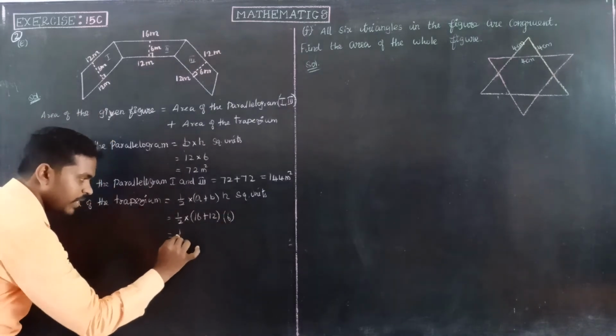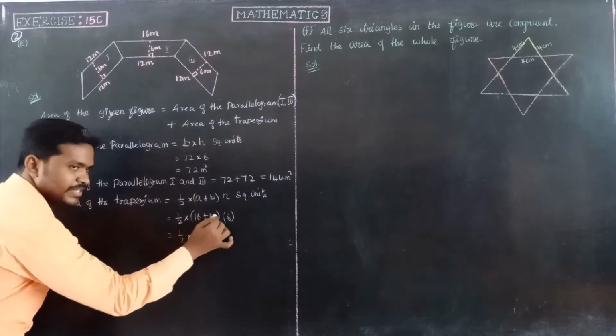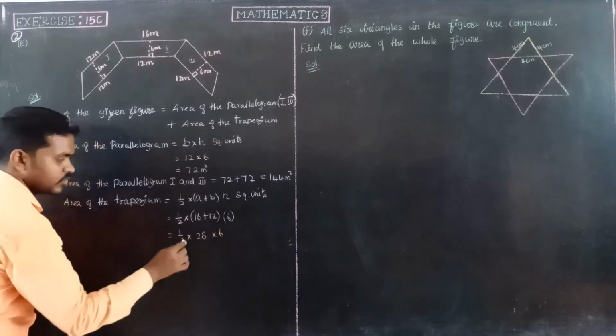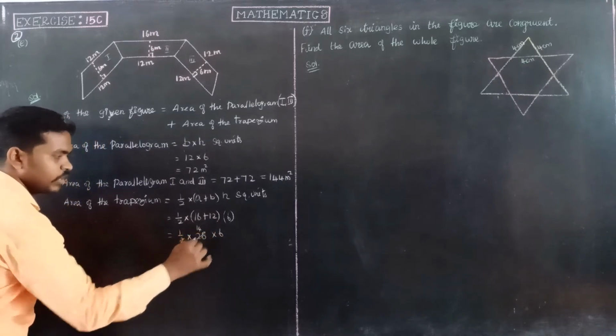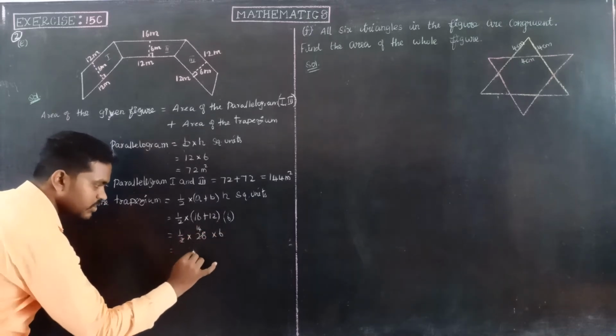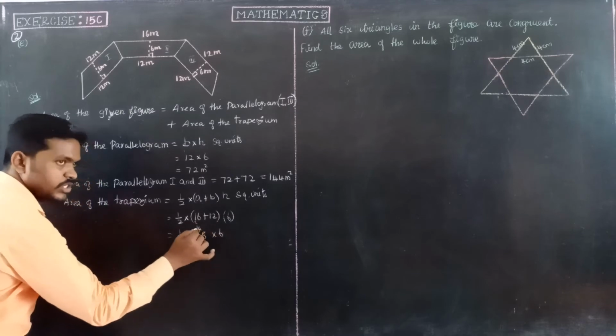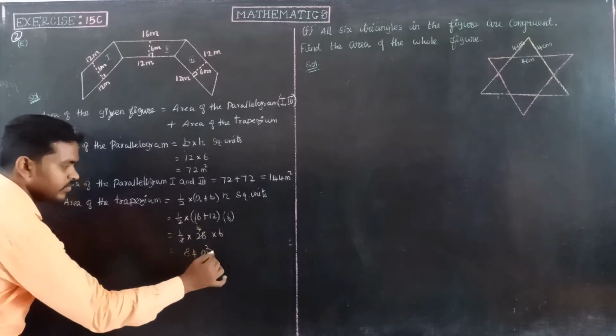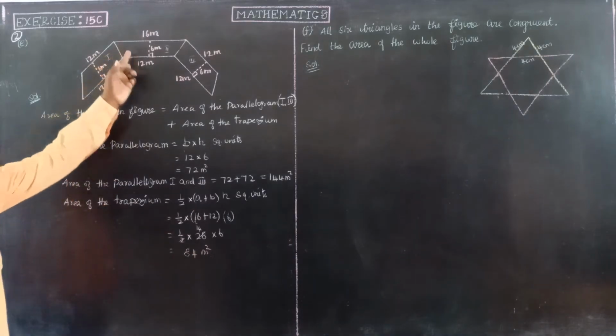So 1 by 2 into 28 into 6. Cancelling, 14 into 6: 6 fours are 24, remaining 2, 6 ones are 6, 6 plus 2 is 8, so 84 meter square. So the area of the trapezium is 84 meter square.